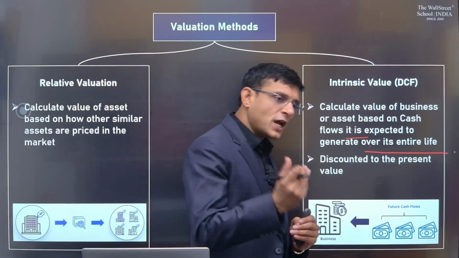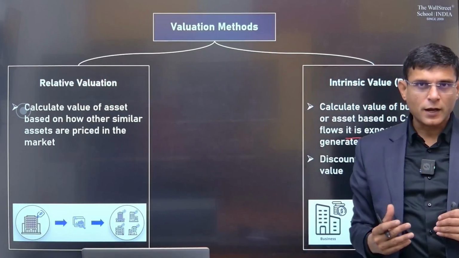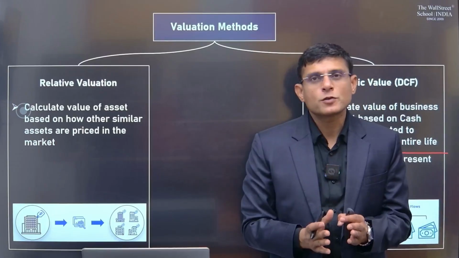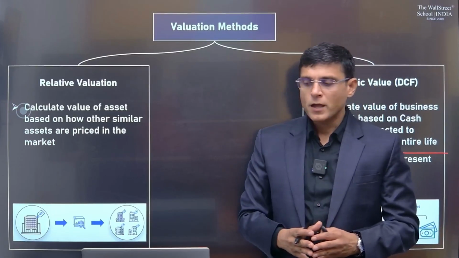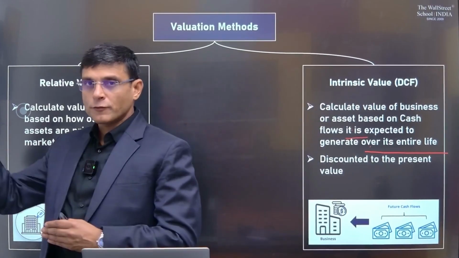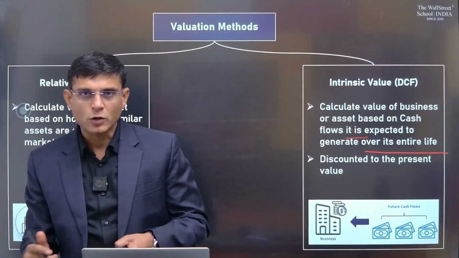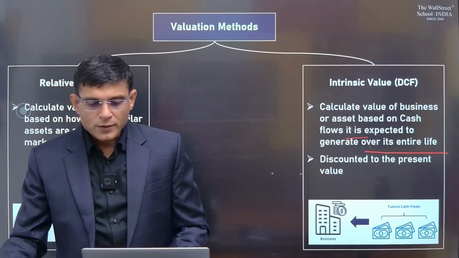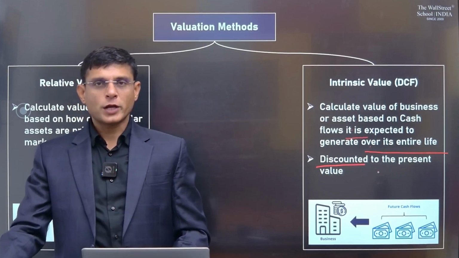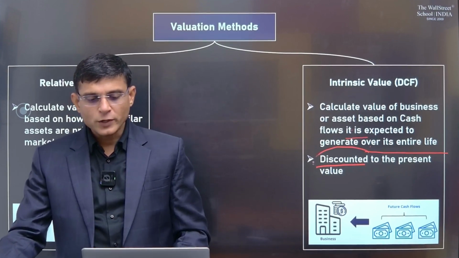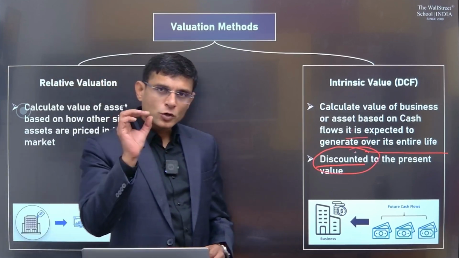Right? So, how much cash flow will the business earn over its entire life in the future? This is the basis of this valuation method. And because these cash flows are happening in the future, you're not getting all these cash flows today. When you're buying the stock, we need to find the present value of those future cash flows. It means we need to discount those cash flows to present value.